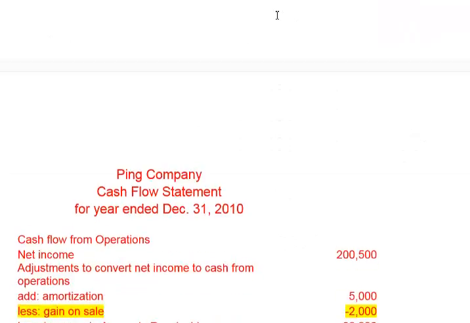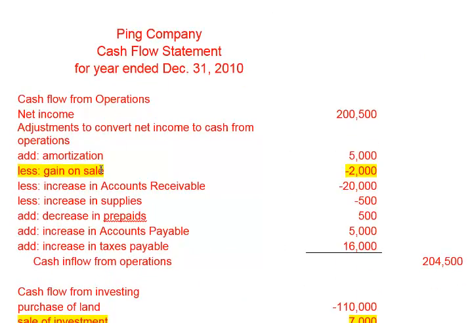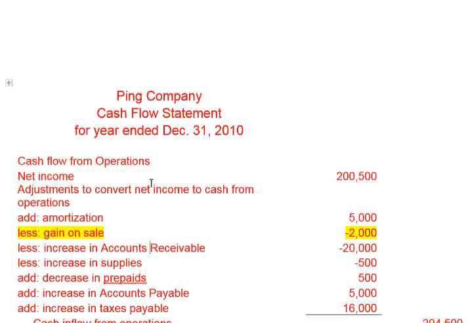So what we've done here, if we go down here, is we've deducted the gain right here. Now we have to look at any non-cash current asset items as well as current liability items and see how we'd adjust them.